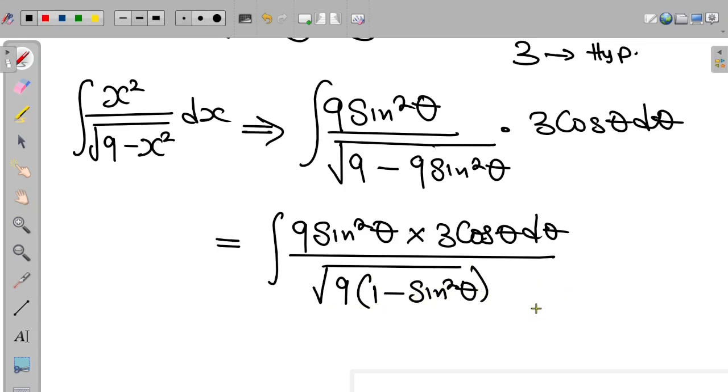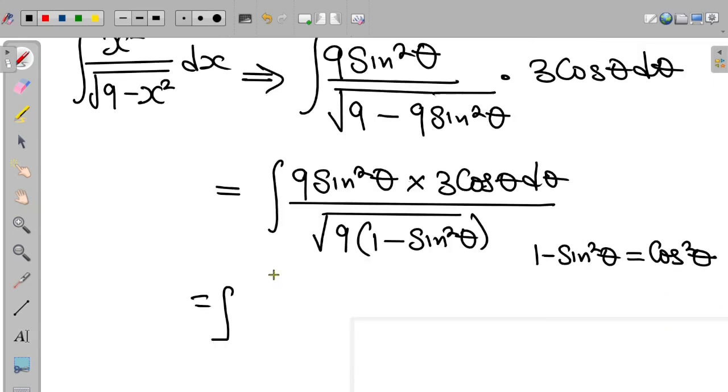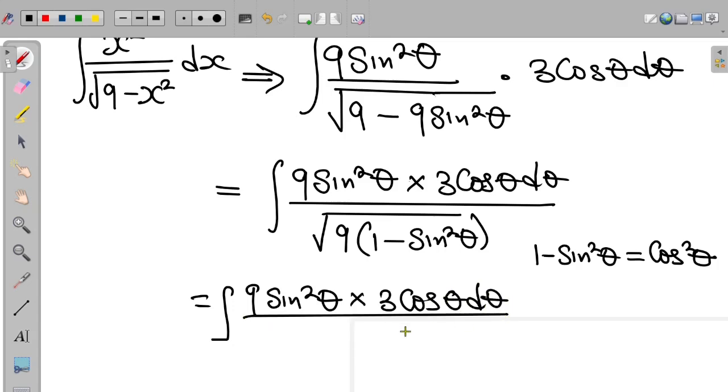So all I did here was factor out 9, since 9 is common. But we know that 1 minus sine squared theta is equal to cos squared theta from our trig identities. So this becomes the integral of 9 sine squared theta multiplied by 3 cos theta d theta, all divided by root 9 times root cos squared theta.